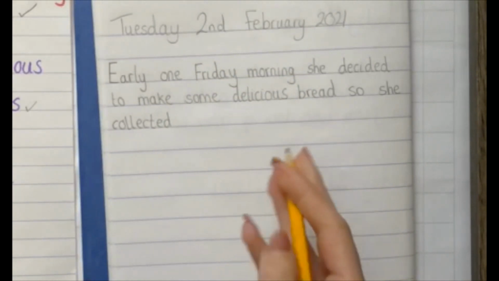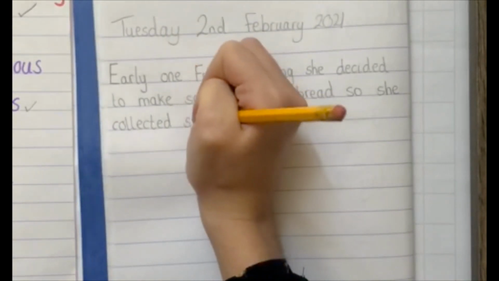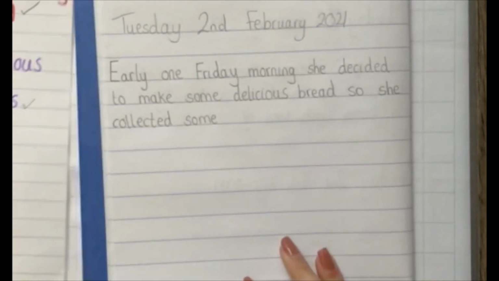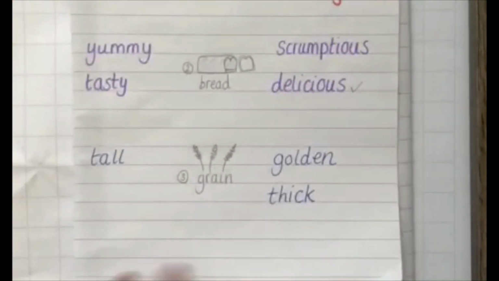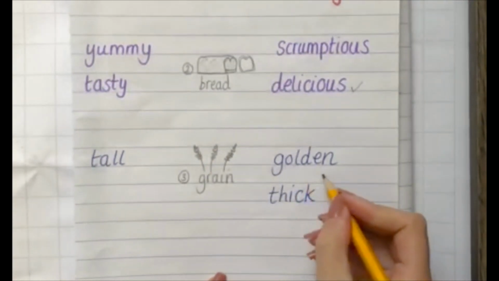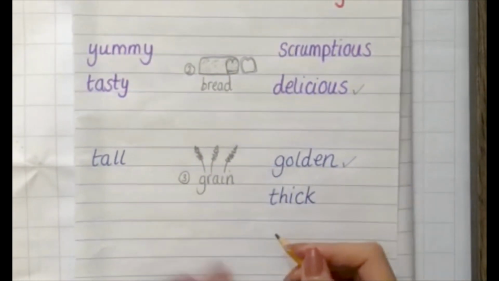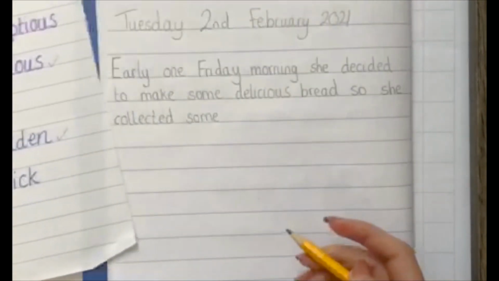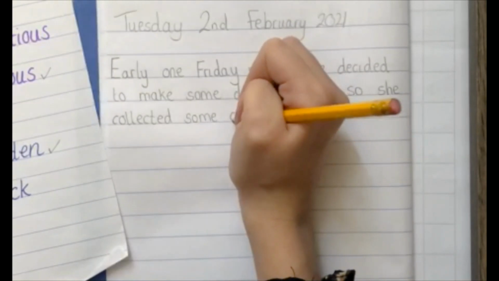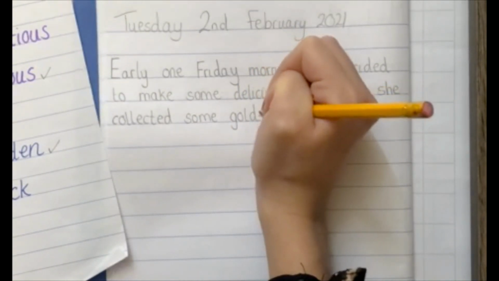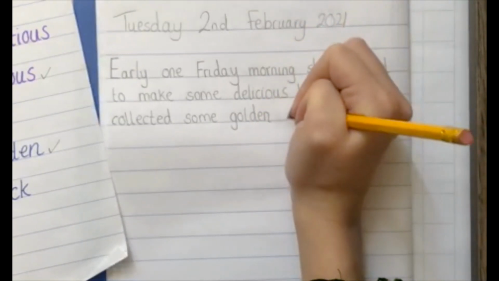So she collected some grain, but what kind of grain is she going to collect? I've got tall, golden, thick. I like the adjective golden, so I'm going to pick golden, and here I have my spelling of grain from earlier. Golden grain.